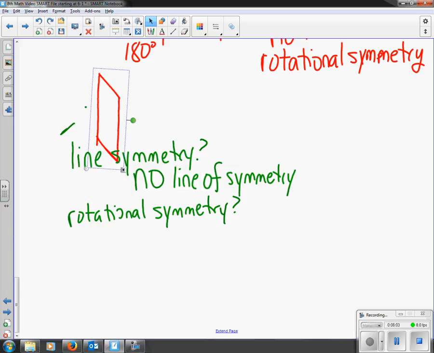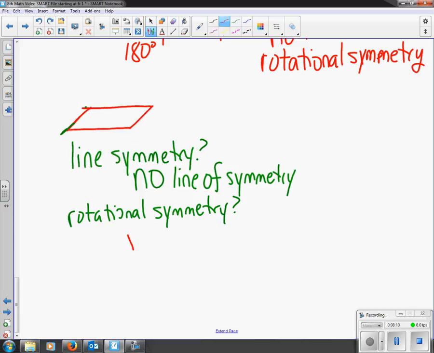It's not symmetric, that's not how it started. But here, yes, it has rotational symmetry, and it's 180 degrees, because when I rotate it 180 degrees, it looks exactly as it did when we began. So yes, it has rotational symmetry, but it does not have line symmetry.